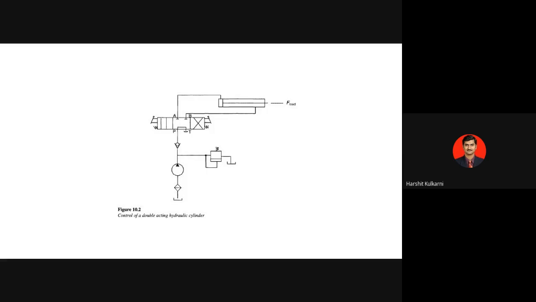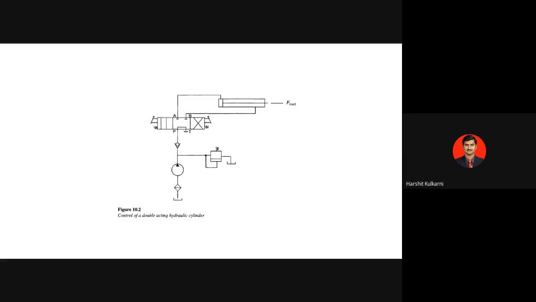Now, during the left or during extension, you can mention like this. During extension, the left envelope is actuated, in which oil from the pump enters the port P. From P, it enters port A and enters the blank end of the cylinder, and it pushes the piston. But please remember, oil is also present in the rod end of the cylinder.